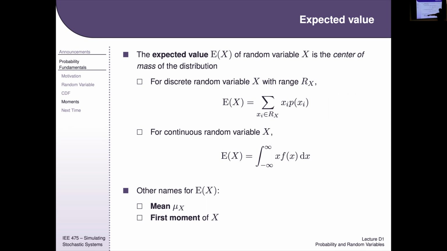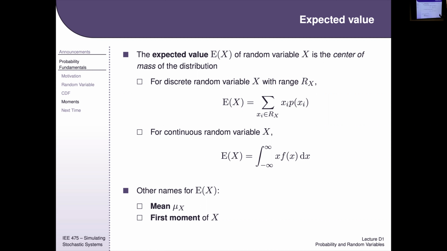We also call it the mean. We'll use the Greek symbol mu, so mu sub x, and we also refer to it as the first moment of x. It's technically the first central moment of x. Whenever you form a product between a distance and a weight, you generate what's called a moment.